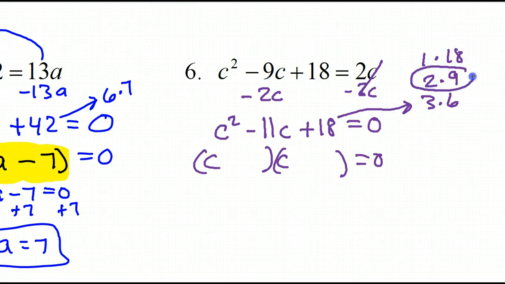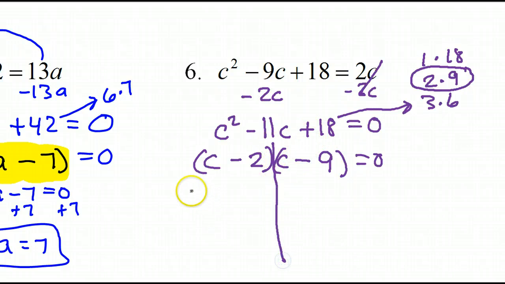I hope you said we're going to use that 2 and the 9, because 9 plus 2 is 11. So let's go with the 2 and the 9. Now to make negative 11, we need a negative 2 and a negative 9. And it works out because a negative times negative is positive 18.